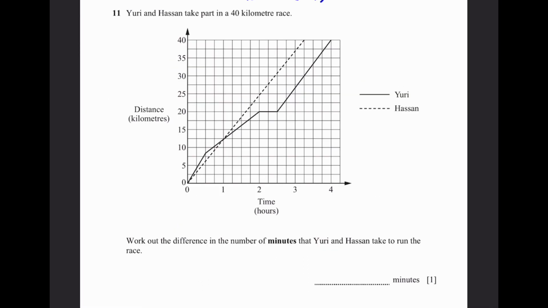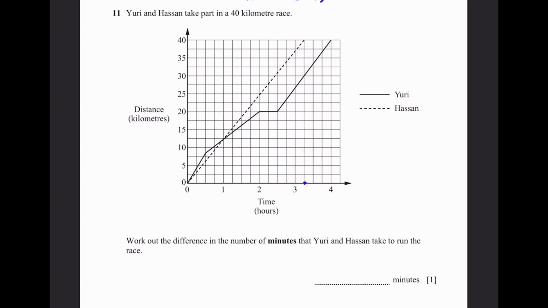Question 11. Yuri and Hassan take part in a 40-kilometer race. What is the difference in the number of minutes that Yuri and Hassan take to run the race? So let's look at Hassan's line. A straight line right there means he's going at a constant speed, 40 kilometers. And this line comes down here. So what's this point?